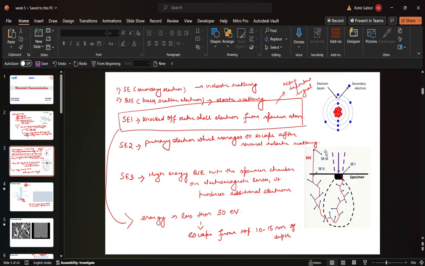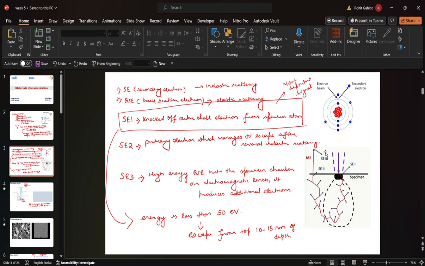The higher the operating voltage, the more severe the beam specimen interaction, and more SE2 and SE3 will be produced, which hamper your topological details.